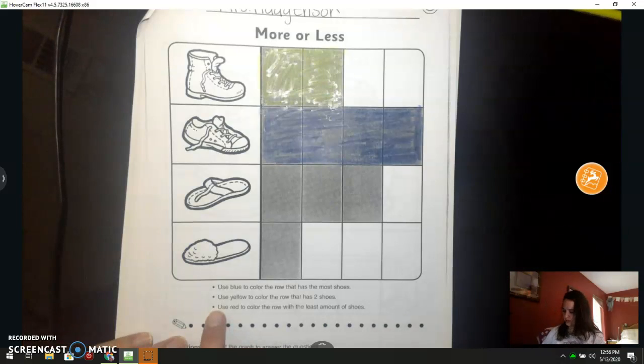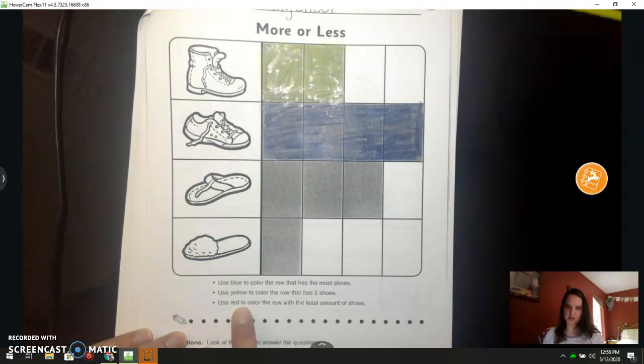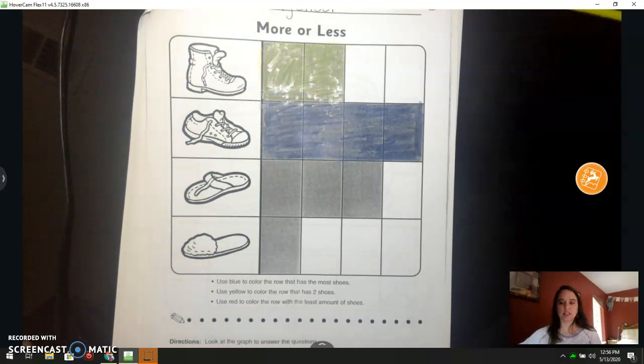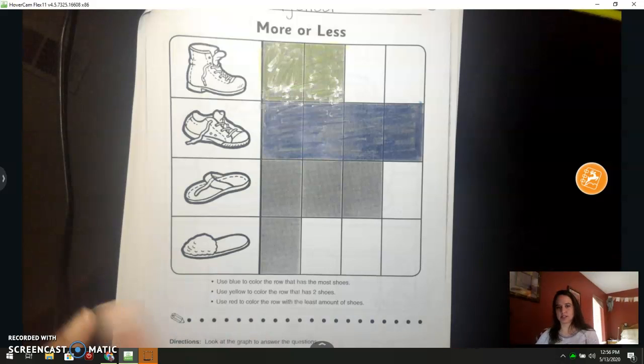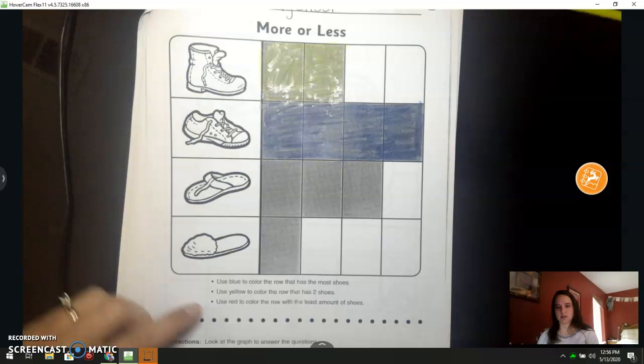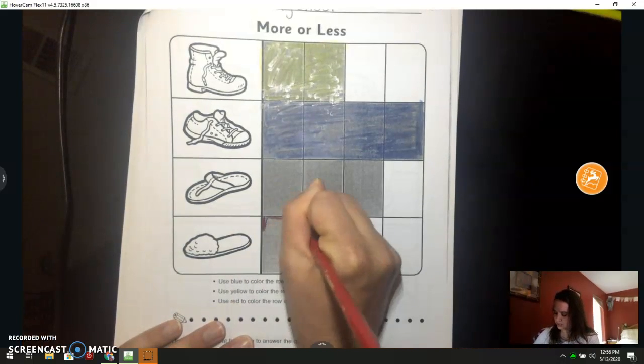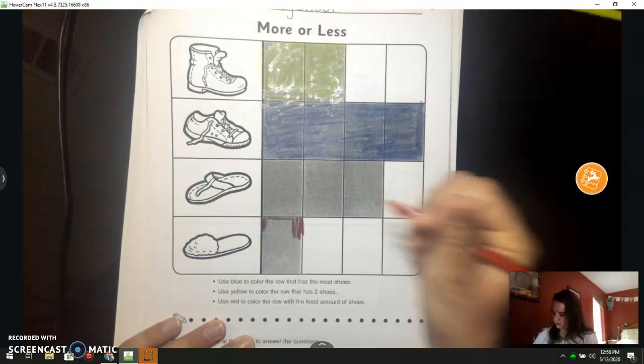My last one says use red to color the row with the least amount of shoes. Least is our math word for smallest amount. Which one has the least going across? Slippers, only one for slippers, so that makes it the smallest number, the least.